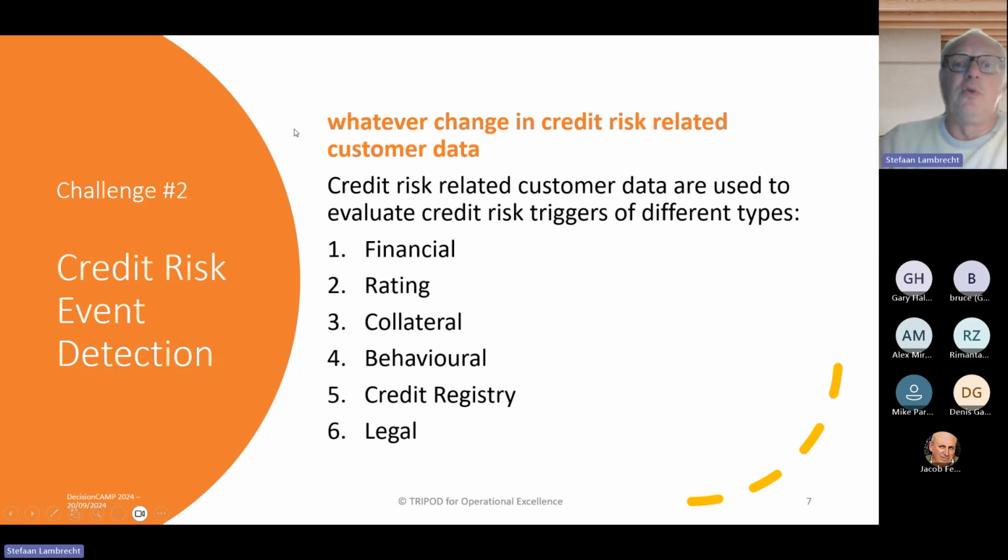I have already talked about more than 100 data points or types of data that need to be monitored for an actor. Every change in whatever of these data elements leads to scheduling the actor for a 360-degree assessment, and that is done day by day.